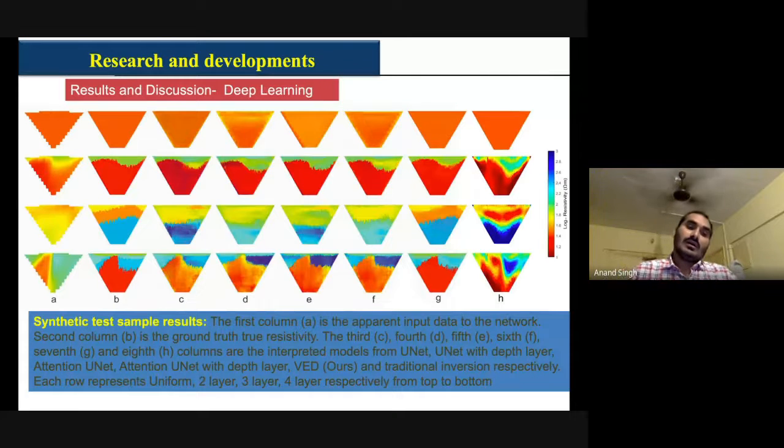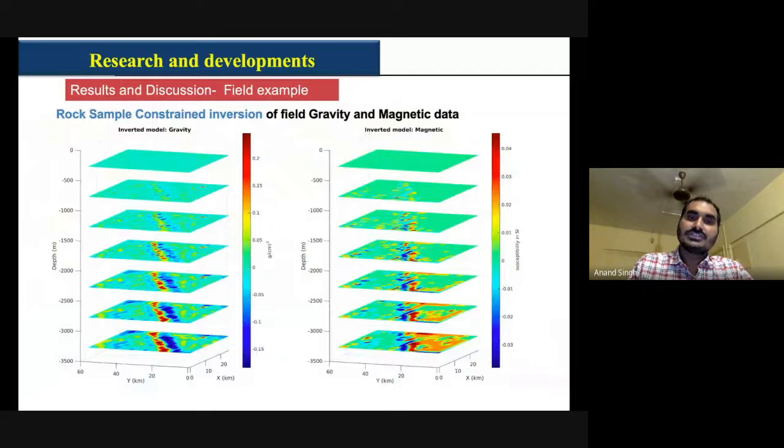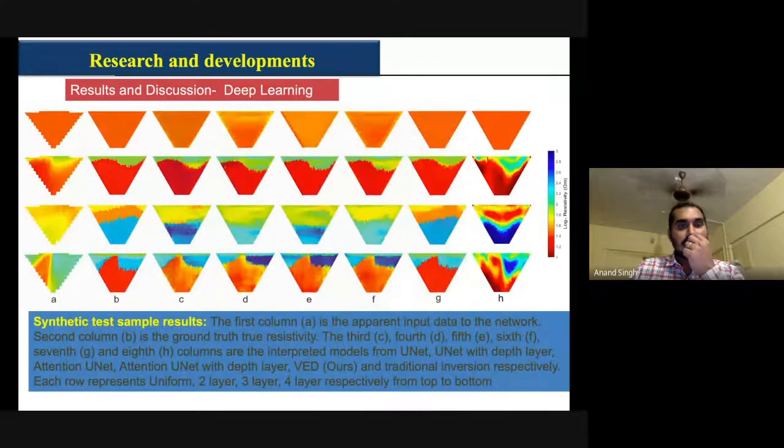This one is the result of machine learning. Now I'll discuss the result of what we are trying to do with deep learning. As I have mentioned, the different architectures we have developed so far are meant to improve subsurface imaging.